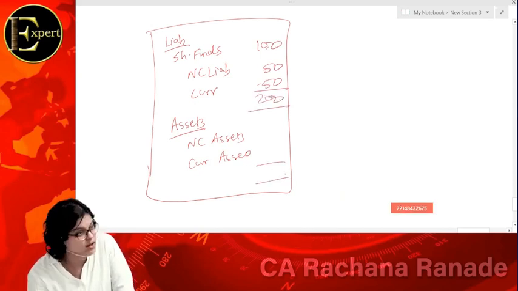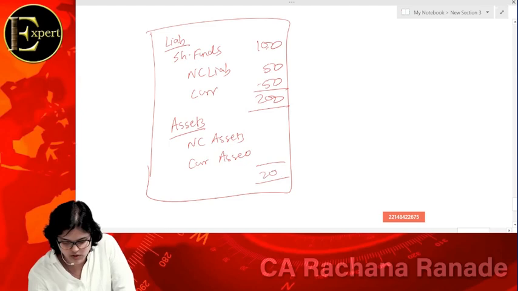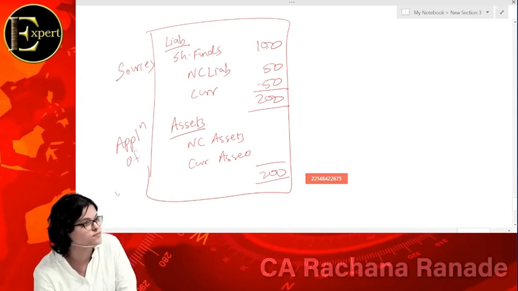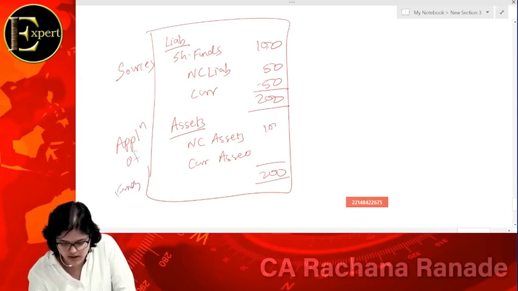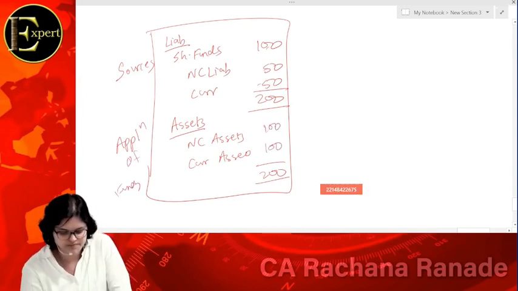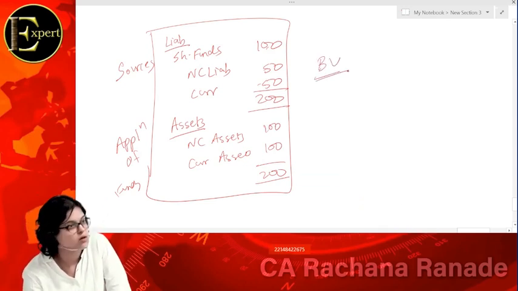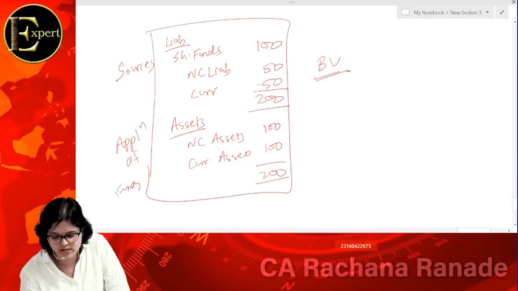This total has to be 200 because this is what? Sources of funds. And this is what? Application or utilization of funds. Correct? Assume this is 100 and this is 100. Tell me, what is the book value? Quick, book value is 100.